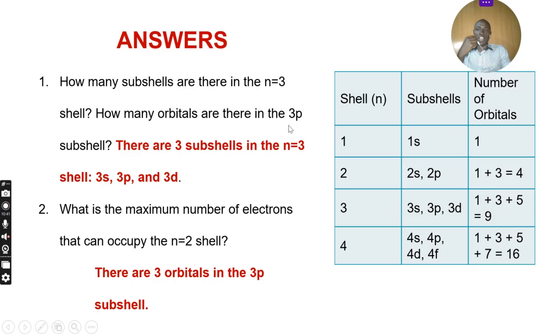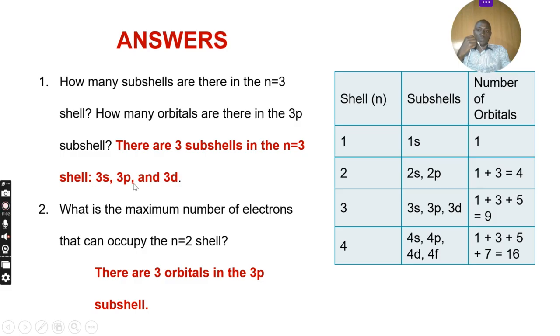Okay, answers. The first question says, how many subshells are there in the n equal to 3 shell? And then how many orbitals are there in the 3p subshell? There are 3 subshells in the n equal to 3 shell.